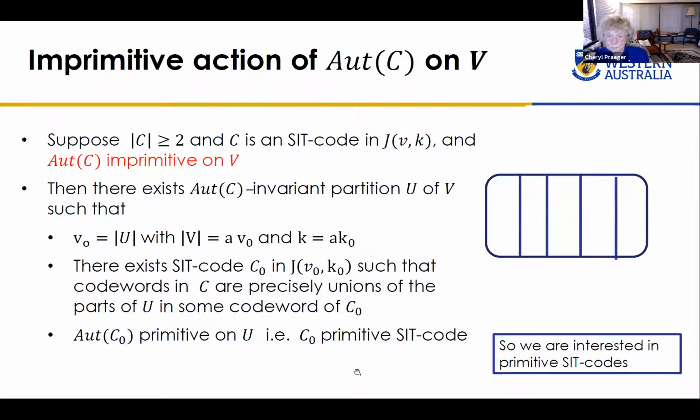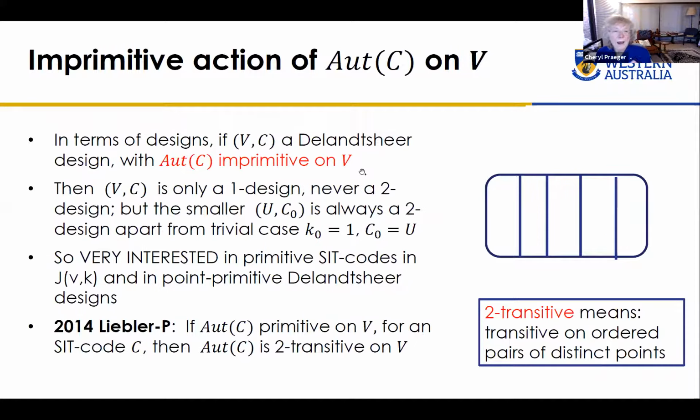What about in terms of Delsarte designs, if we've got an Aut C being imprimitive on V, what do I want to say about those before we continue? Well, in this case, the design (V, C) is a Delsarte design, but it can only be a one design. It is never a two design.